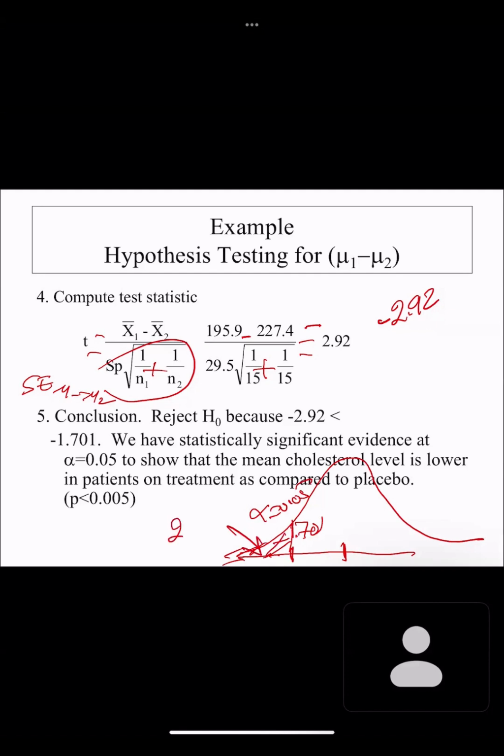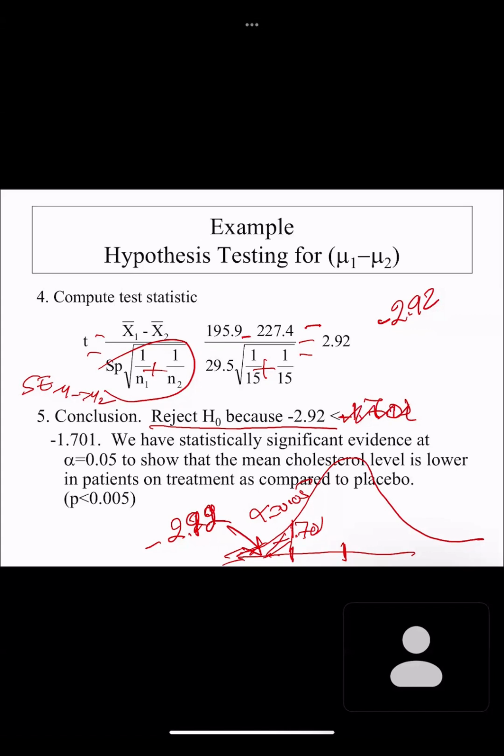It's in the rejection region, exactly. So what would be my conclusion? Reject H0 because minus 2.92 is less than minus 1.701.